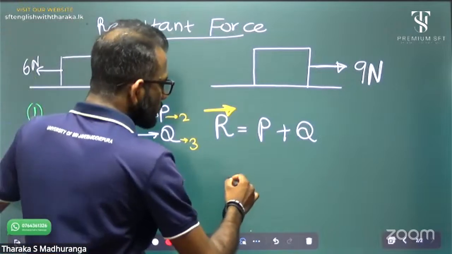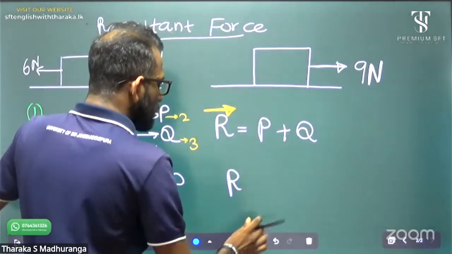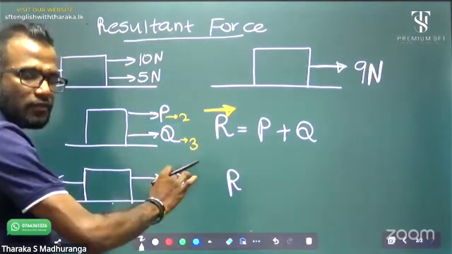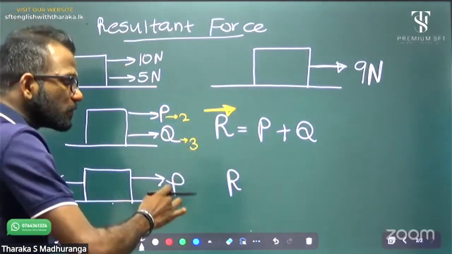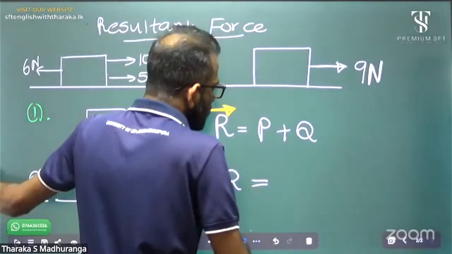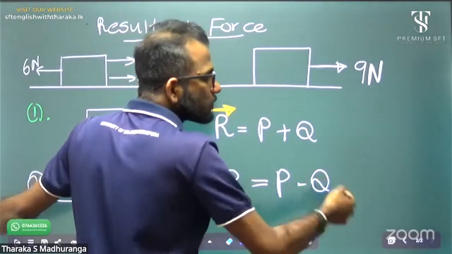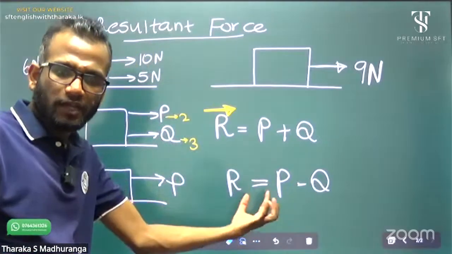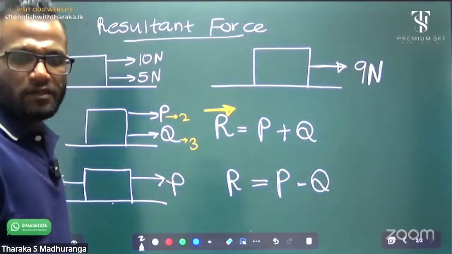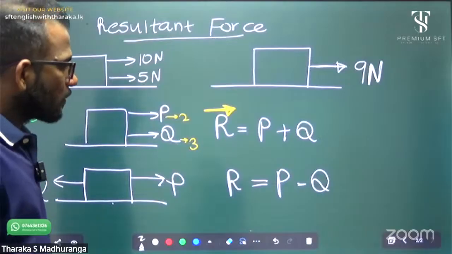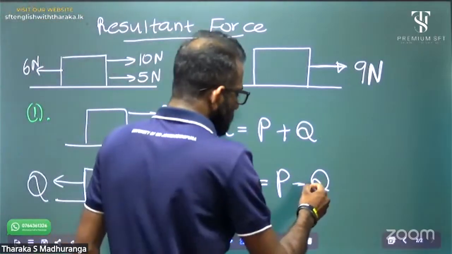Then how to get the resultant force? R equals, if P is the greater force, P is the greater value, then P minus Q. Greater force minus less force. Okay, this is the method.